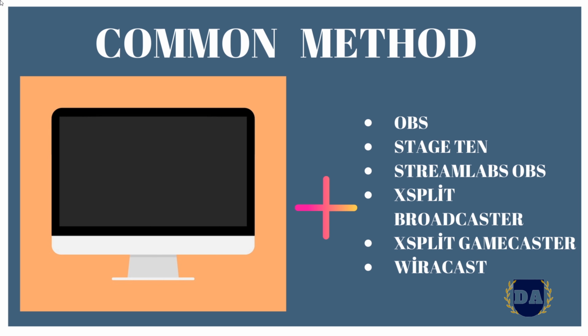When you come to the YouTube live screen section, it gives you a stream key. This stream key consists of numbers and letters. With this stream key, you come to the stream section of these programs and log in, and your live broadcast starts. You can launch it with either the screen recording or the camera recording. This is a common method.